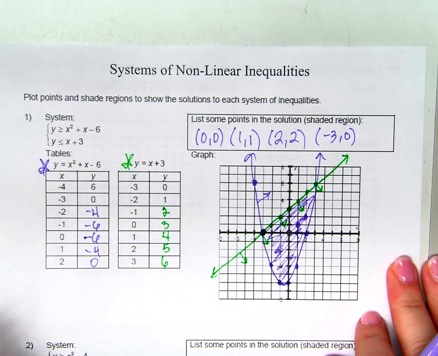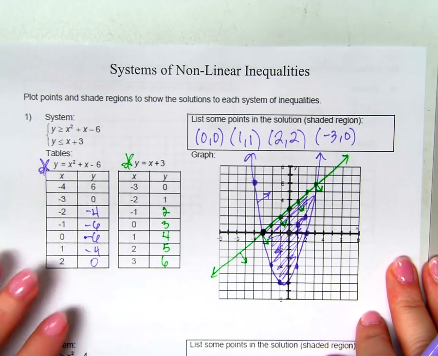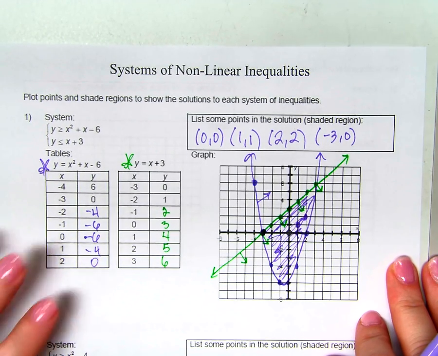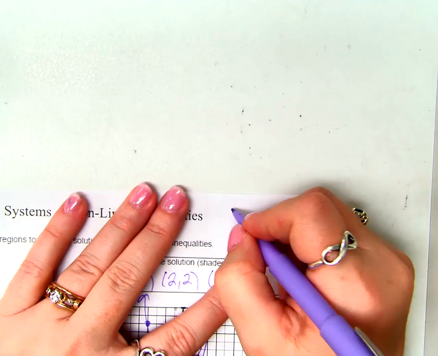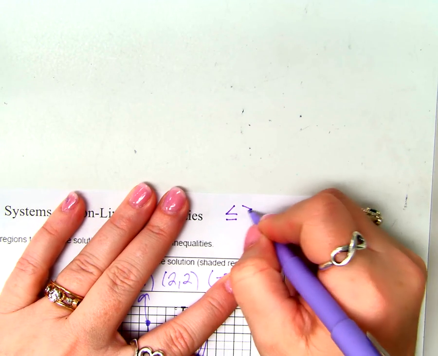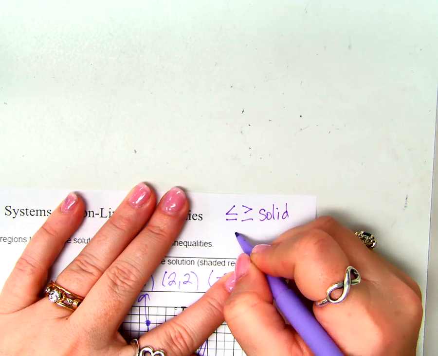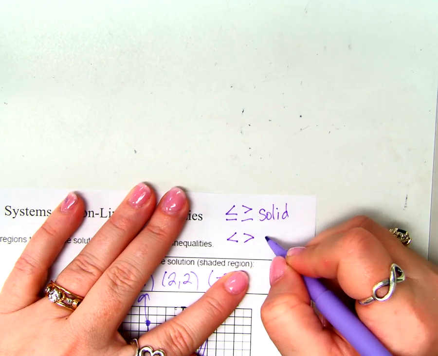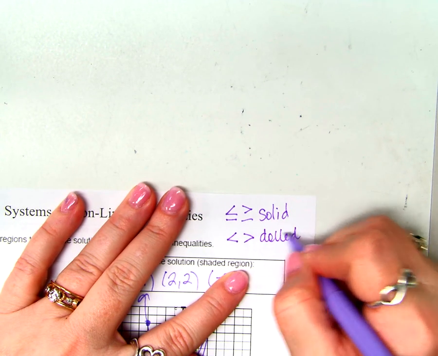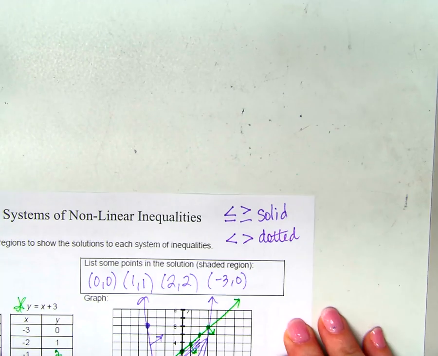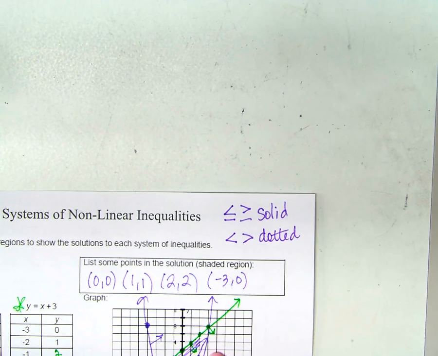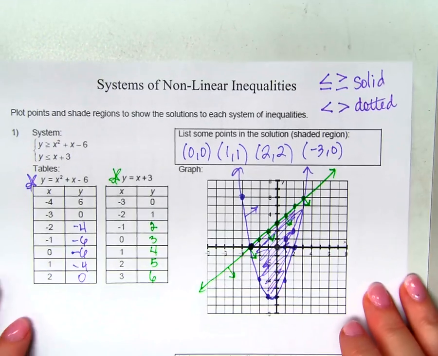In what case are they not solid? When it's not equal to. Oh, that's a good question. Let me make sure we remember that, okay? Less than or equal, greater than or equal is what? Solid. Less than or greater than is dotted. That's just a reminder from before. No big deal. Okay? Any questions about this?